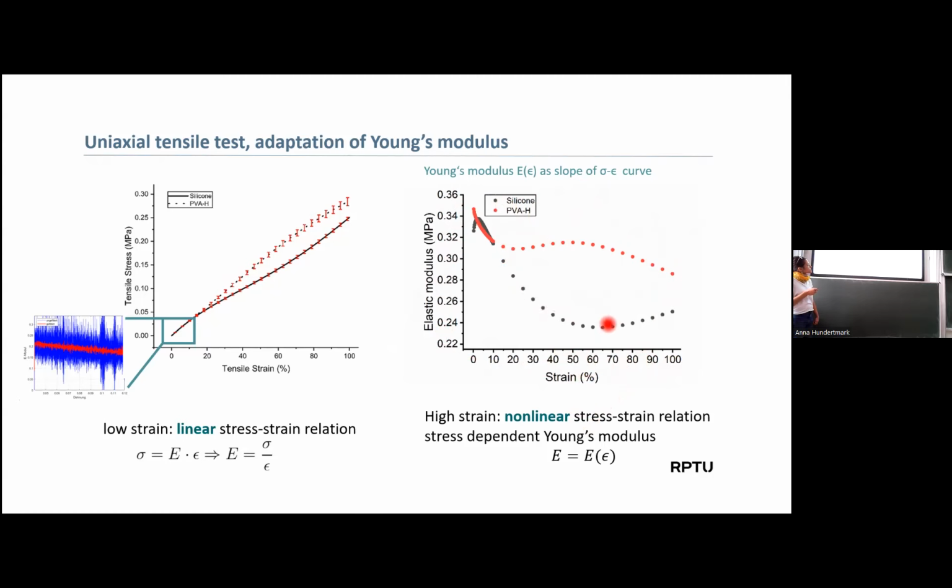We see here different behavior for silicone and hydrogel. I should say that this hydrogel, the red curve, is somehow more favorable, and they want to use this hydrogel because of good properties. This is transparent. It's mimicking the real situation. Okay. So we started to model Young's modulus as dependent on the strain, just based on this data.